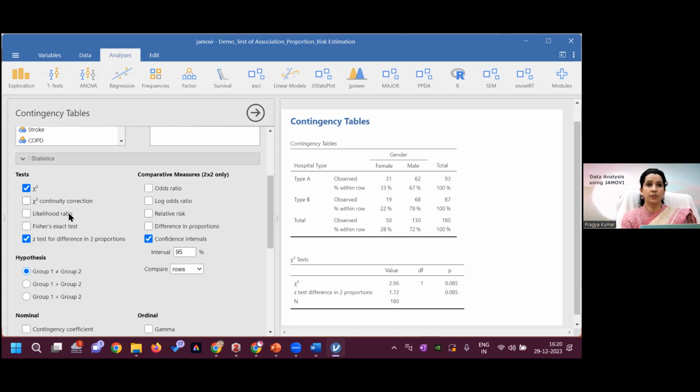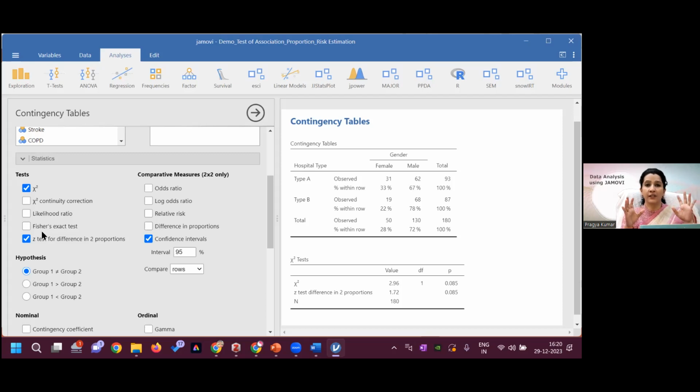Now coming to the likelihood ratio. So likelihood ratio is again one way of calculating the chi-square value. And for very large samples, we use likelihood ratios. You understand only this because we also don't know much of the statistical reasoning and the formula.